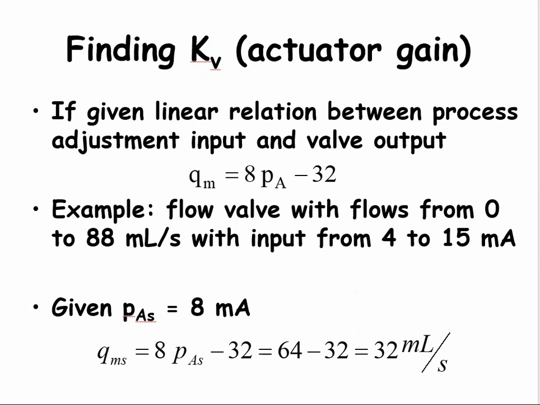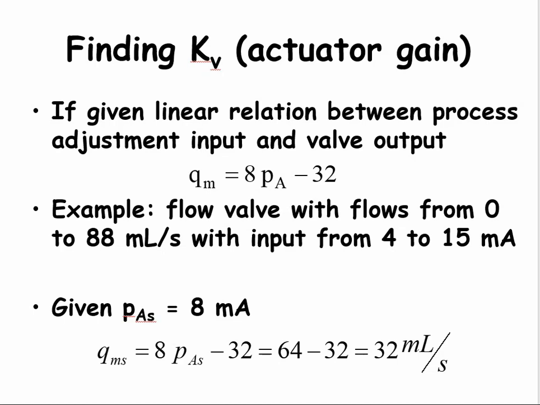One of the things that you need to be able to do is find the actuator gain. The problem is this course uses both electrical control signals and pneumatic control signals. Newer processes are using electrical and digital control signals, but you may work with equipment that uses pneumatic control signals.